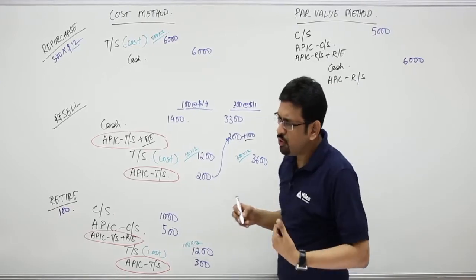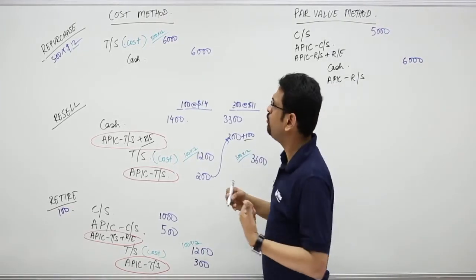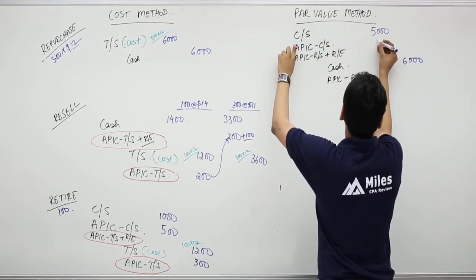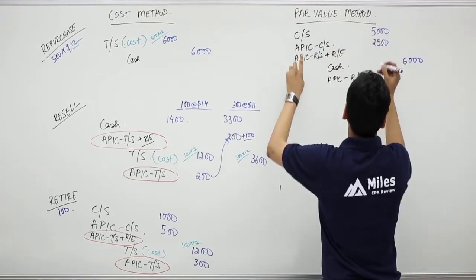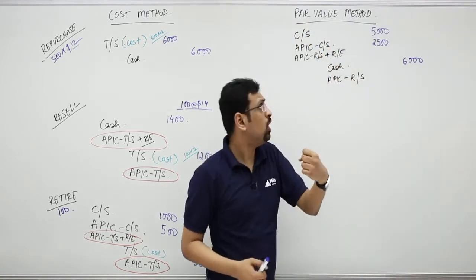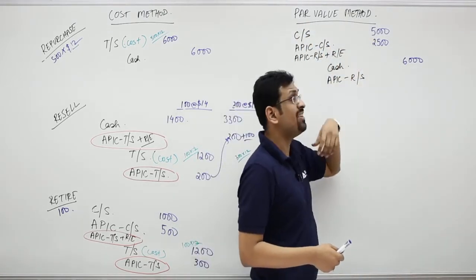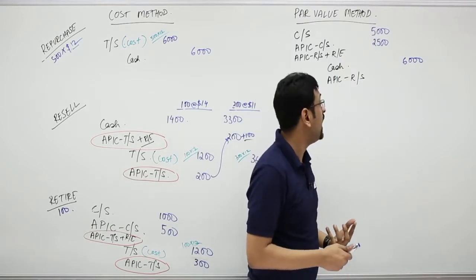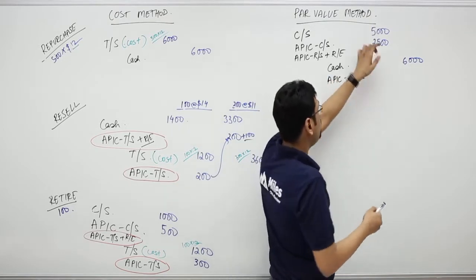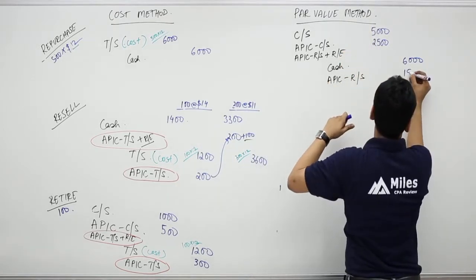You issued it for $15 each, so 500 into 5 in excess of par, that's 2,500. So guys, you paid $6,000 for something which you issued for 7,500. You stand to have a gain, a credit plug. So the credit plug here would be 1,500.